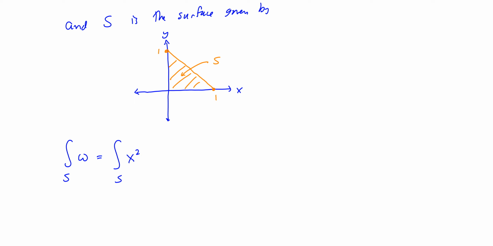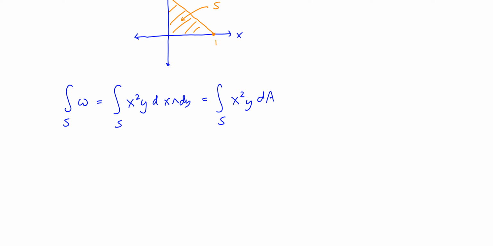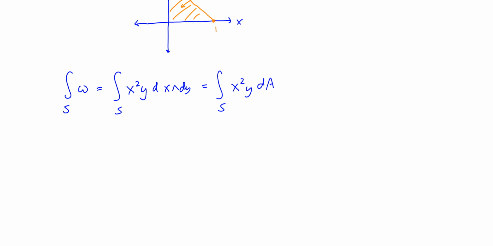Well, we have this as x squared y dx wedge dy, which is the integral over S of x squared y dA. And now we're back in the situation of when we first started doing integrals in the plane. So we can choose dy dx or dx dy, whichever we prefer.